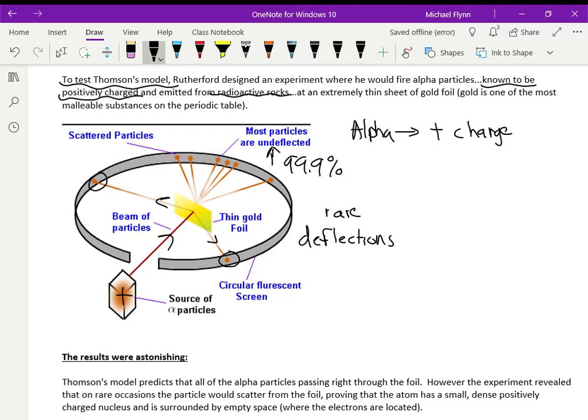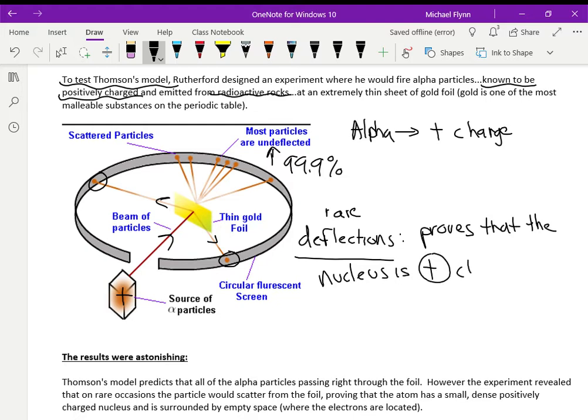They only happen like 0.1% of the time, or even less than that. I think it's like 1 in every 100,000 alpha particles get deflected like this. But it proves something. It proves that the nucleus of an atom is not neutral, but positively charged.